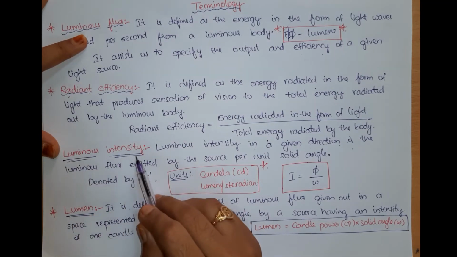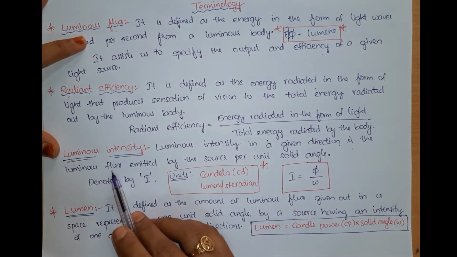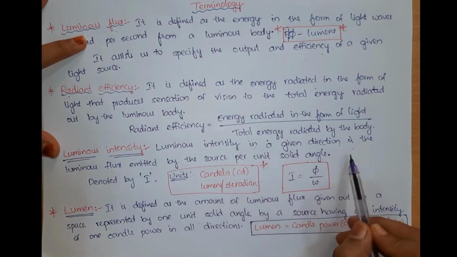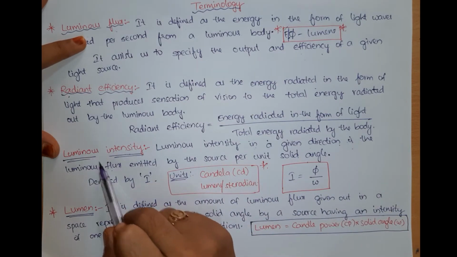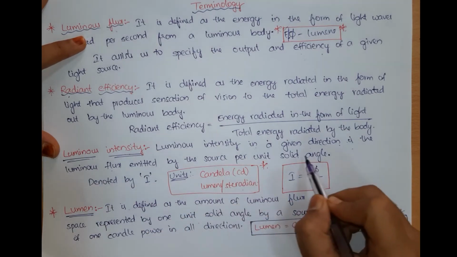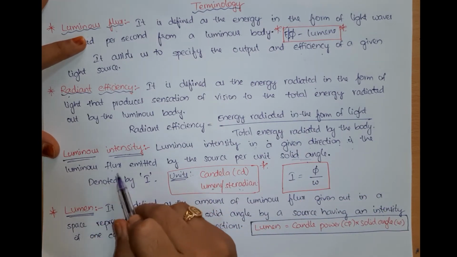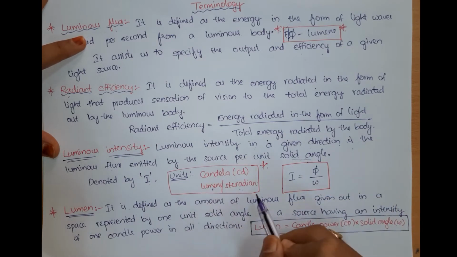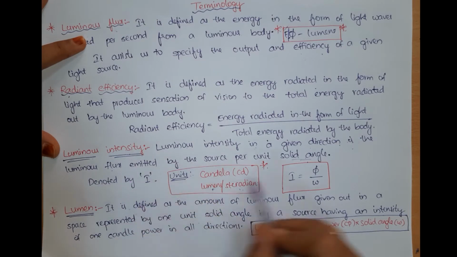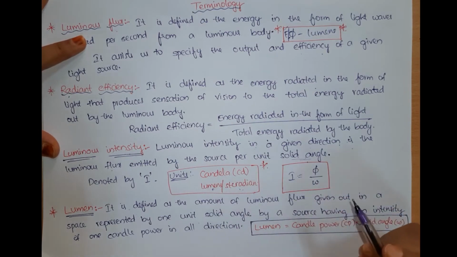So its units are candela or lumens per steradian. Steradian is a unit of solid angle and lumens is a unit of luminous flux. So luminous flux per solid angle gives us lumens per steradian. This luminous intensity is denoted by capital I. So I is equal to, by definition, phi or F by omega, that is solid angle.